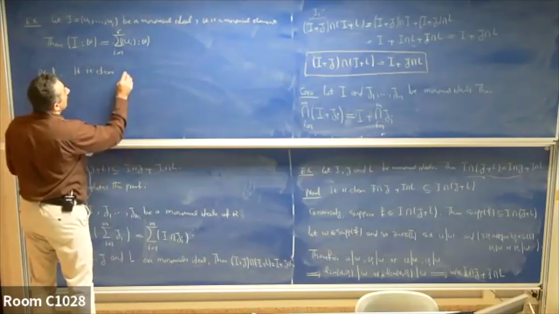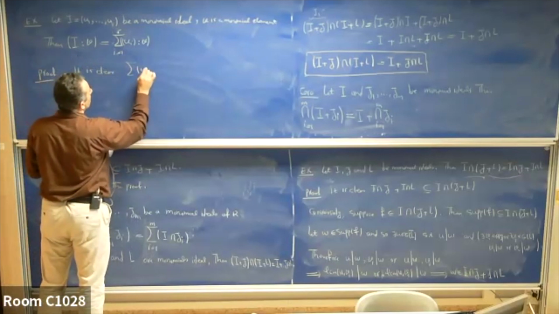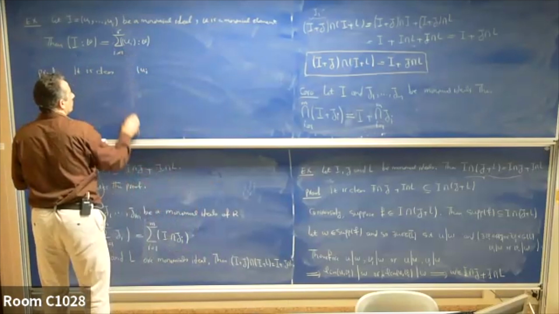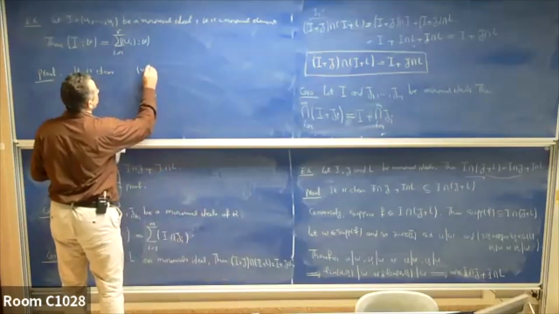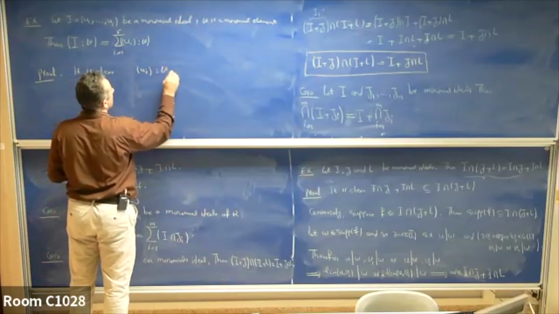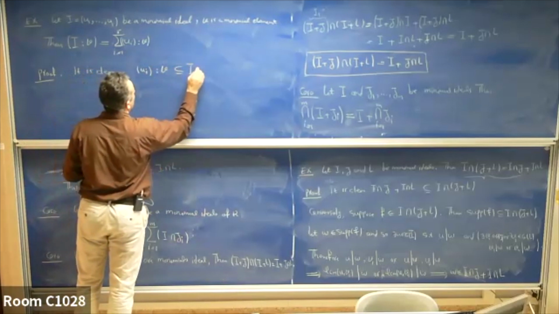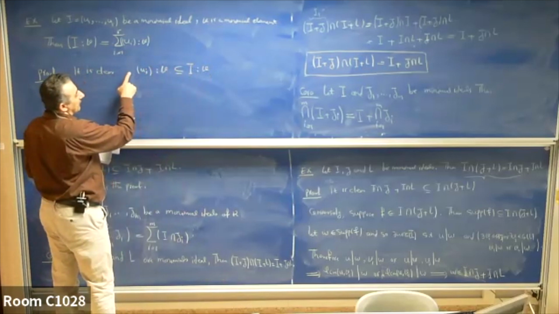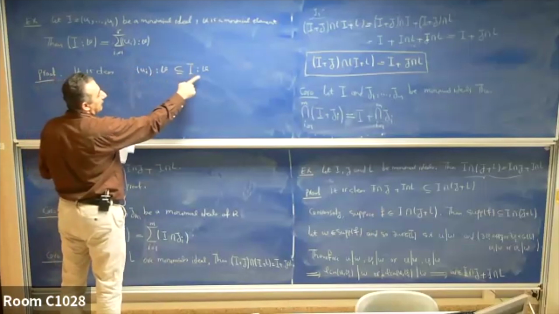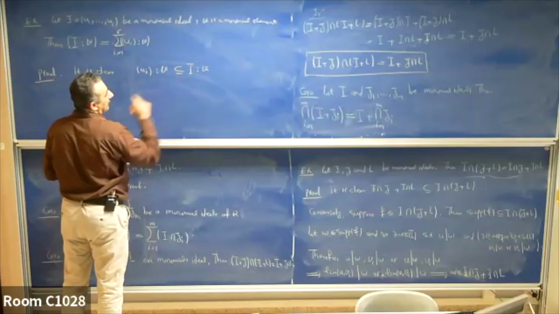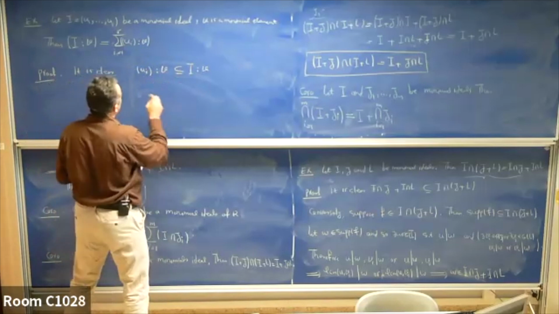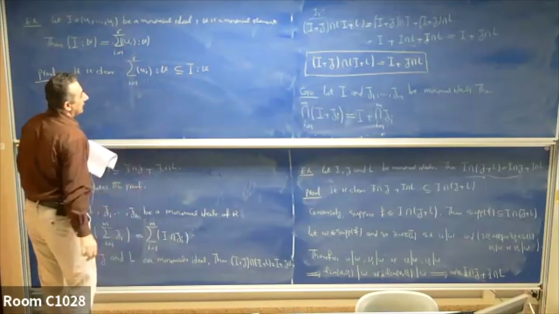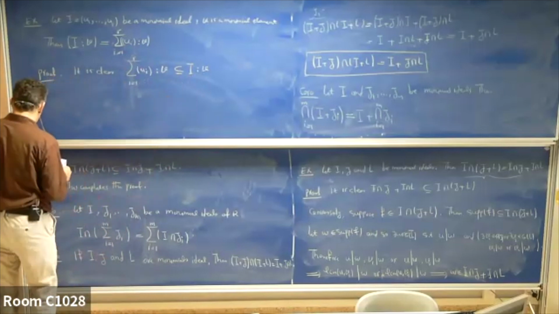Here, this one is contained in the other, because this one is bigger. Every element in the left hand, we have this element in the right hand. So the sums are contained in here.